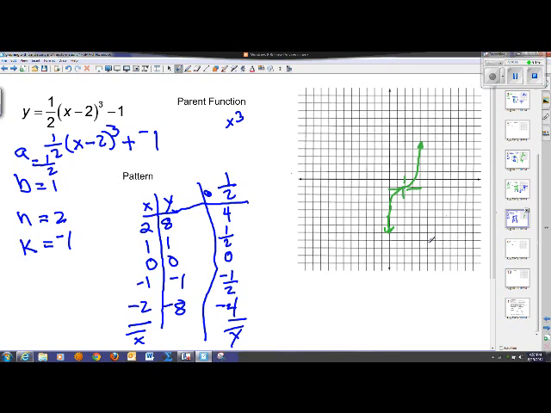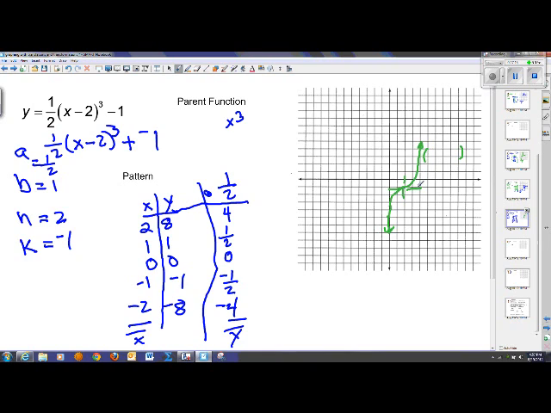Again, I think I'll pick a point. So I'll pick the one that was 2 over and 1, 2, 3, 4 up.